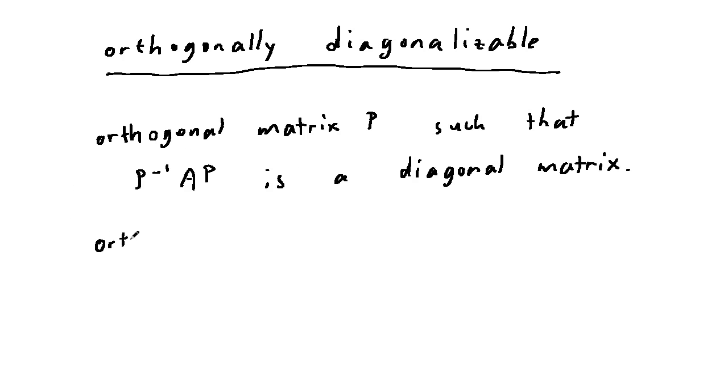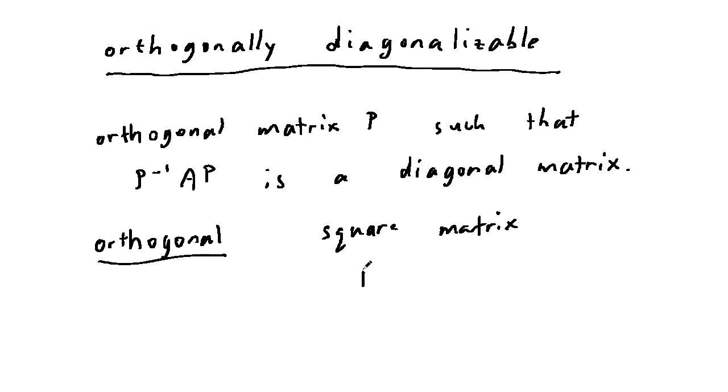An orthogonal matrix is a square matrix that satisfies P inverse equals P transpose. Okay, so a matrix is orthogonally diagonalizable if there is an orthogonal matrix P such that P inverse AP is a diagonal matrix.